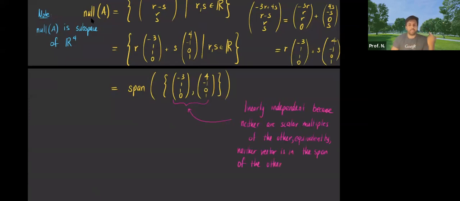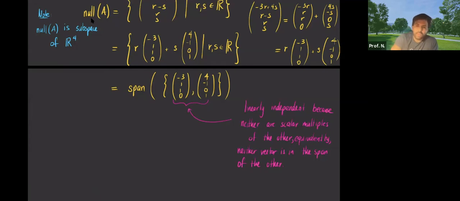That's what it means for two vectors to be considered linearly independent. So if you have a subspace that is spanned by two linearly independent vectors, what's the conclusion?